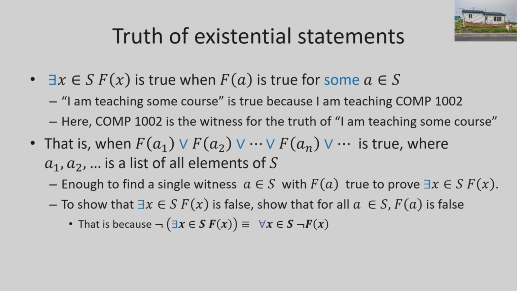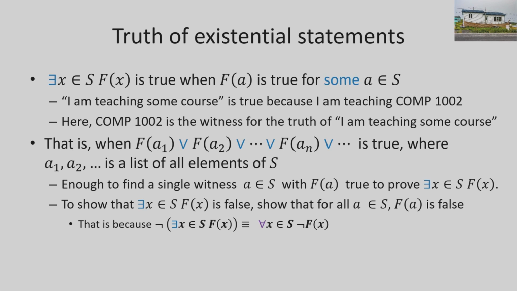And if you remember, for universal quantifiers, we say that this is the same as taking an AND over all elements of the domain, over all elements of S. F is true with the first one, F is true with the second one, and so on and so forth. We wanted it to be true everywhere, so we had to put an AND with a universal quantifier.